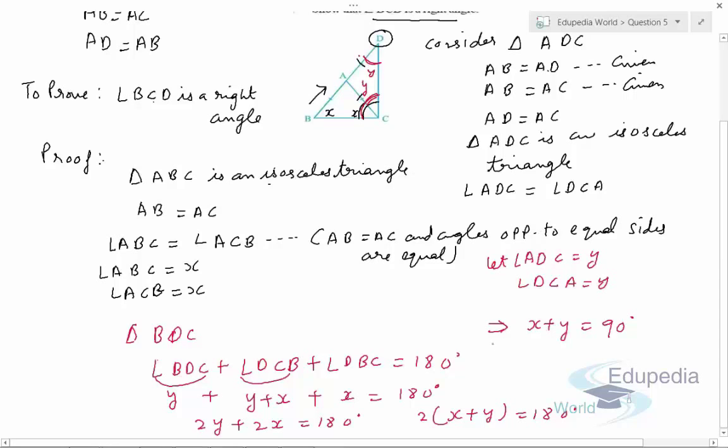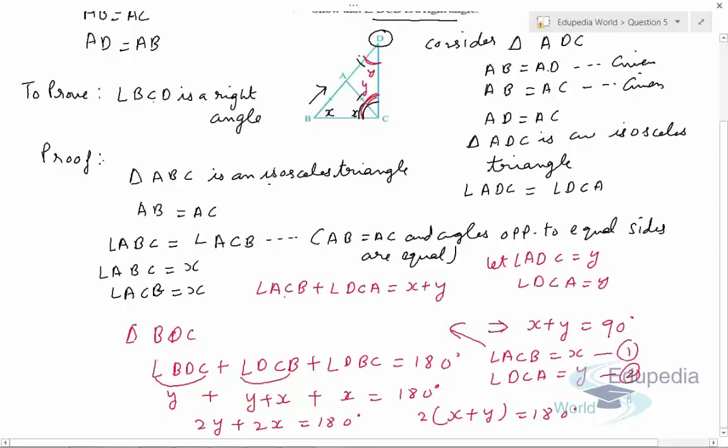Now let's see how we can prove that angle BCD equals 90 degrees, a right angle. We have assumed that angle ACB equals x and angle DCA equals y. If we add these two angles, what will it become? Let me write it over here. Angle ACB plus angle DCA equals x plus y.